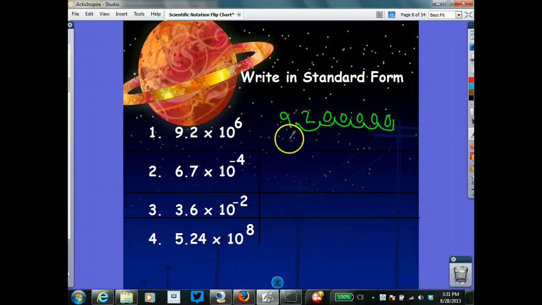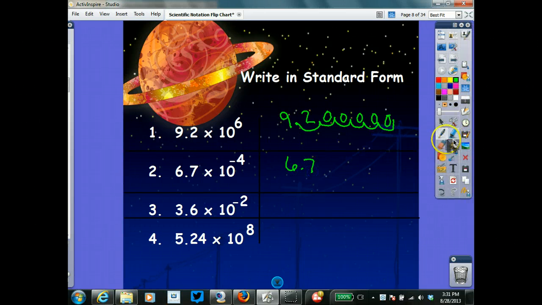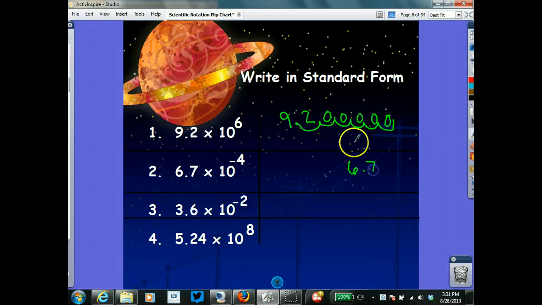Alright, the second one. When I have 6.7, I'm actually going to scoot that over because I'm going to be moving that decimal backwards there. So I have 6.7. And as I say, 1 negative exponent, 2, 3, 4. Again, that tells me how far I move the decimal.